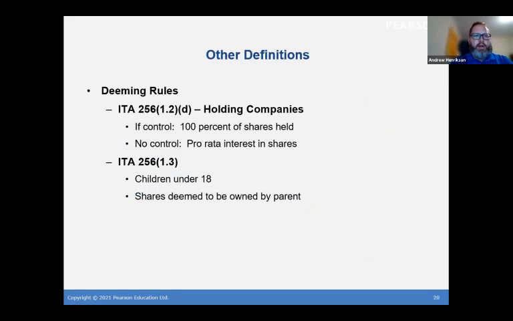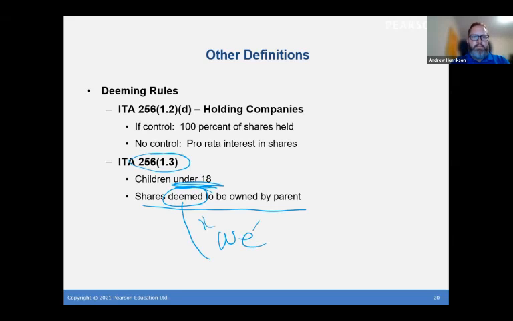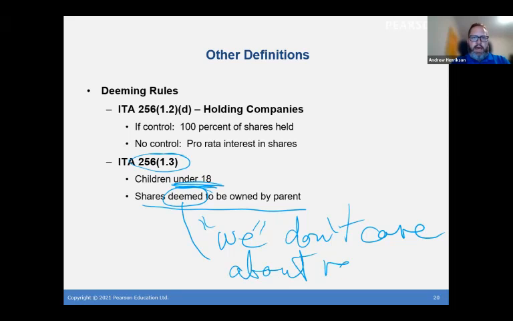We also covered in our questions 256.13, that was in the first question. Children under 18, shares are deemed to be owned by the parent. Deemed means I use the royal we, the Tax Act. We don't care about reality.